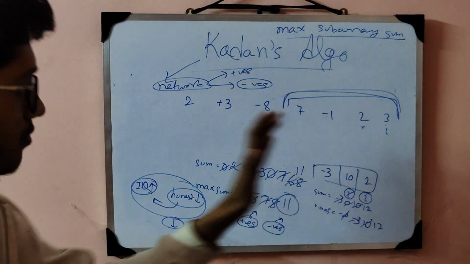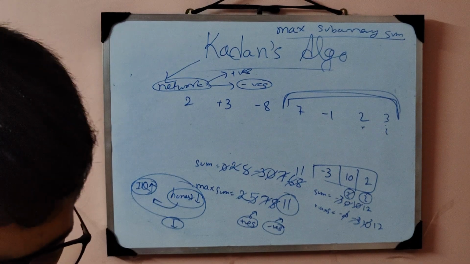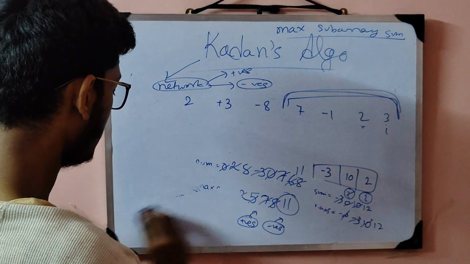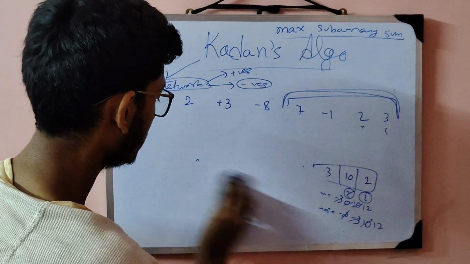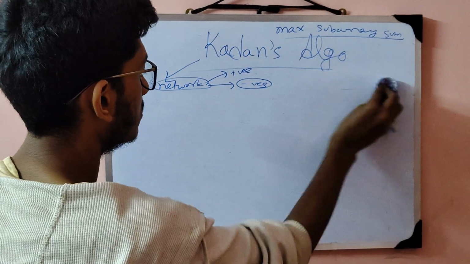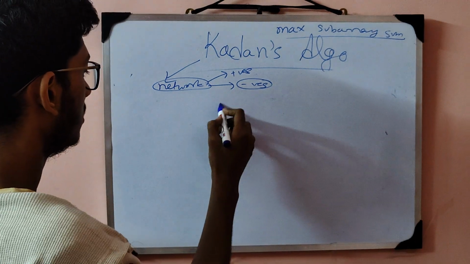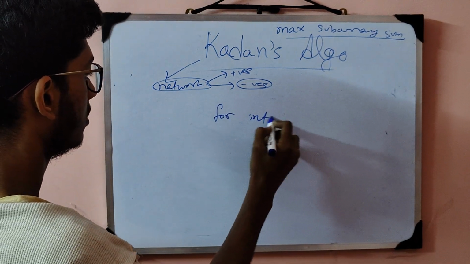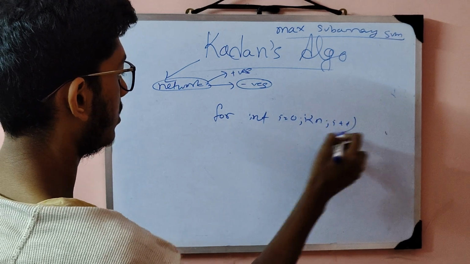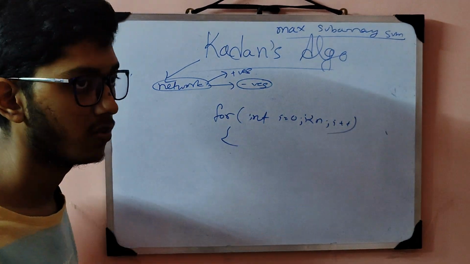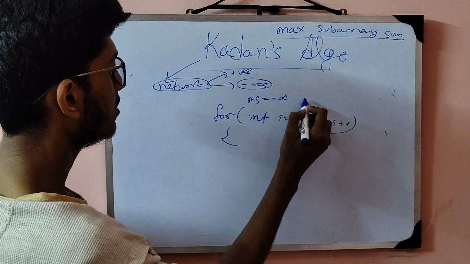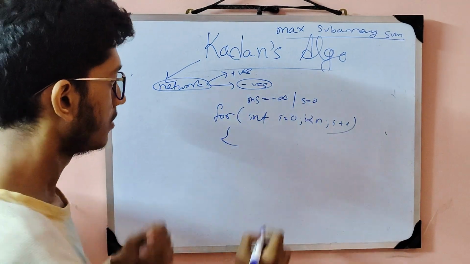If I write the code, it is very simple. We are traversing the whole array, and we have initialized the maximum as minus infinity and the sum as 0.